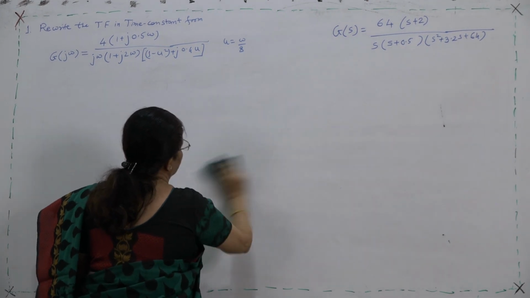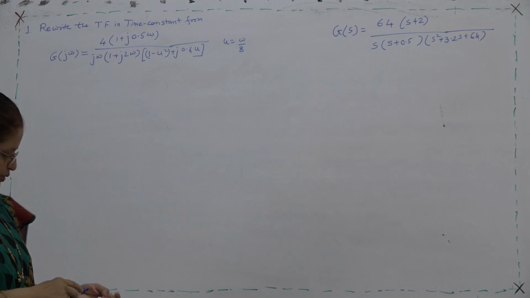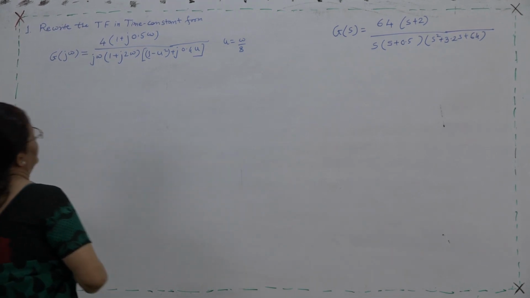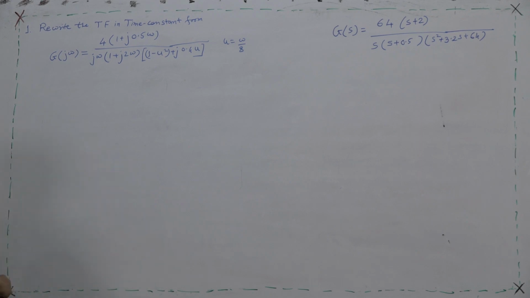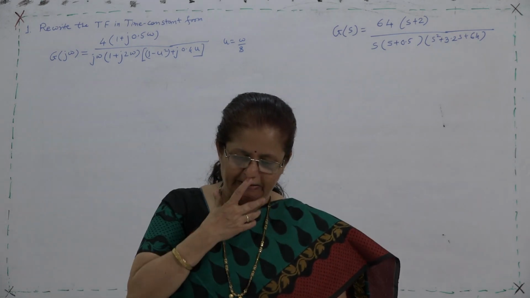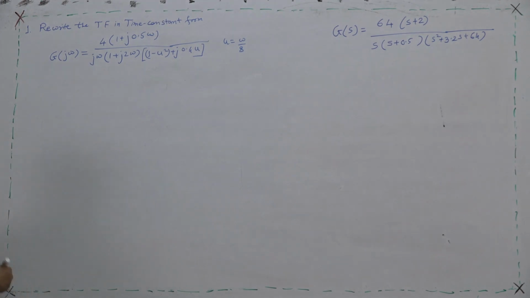So, the first step is to see the transfer function given to you and convert it into time constant form and the sinusoidal transfer function. So, you will get the transfer function in this way. So, the first is rewrite the given transfer function.